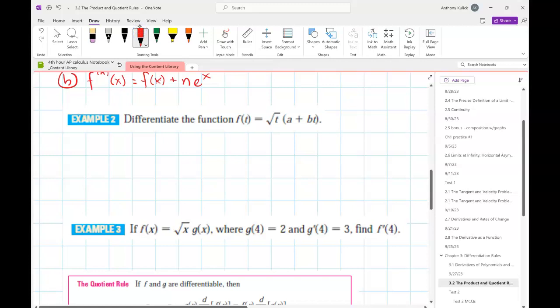Differentiate the function f of t equals root t times a plus bt. Does this look like a product rule to you? Kind of. Does it have to be a product rule though? No, right? What could we do instead? I could distribute this through, right?